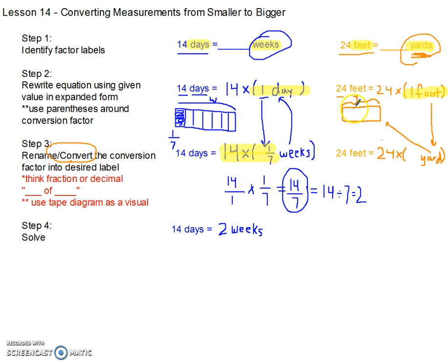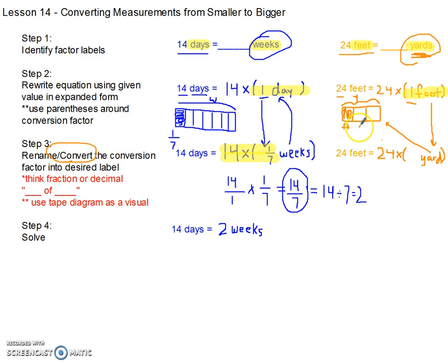And I know by looking at my conversion sheet that there are 3 feet in a yard. And I have 1 foot up here. So I'm going to color in 1 foot. And I know that that's 1 foot. Okay. And I'm going to say, okay, now how many feet are in this yard?